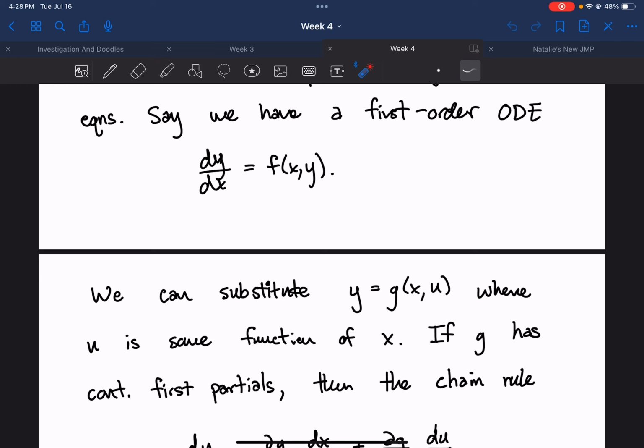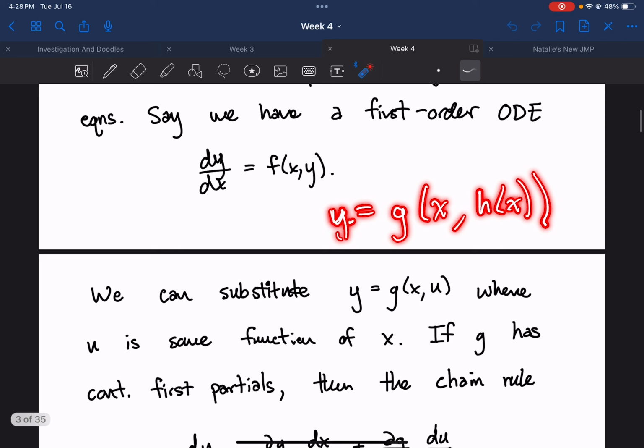So you're basically saying, let's let y be some function g of x and some other function of x. In that case, it might simplify both sides of the differential equation.